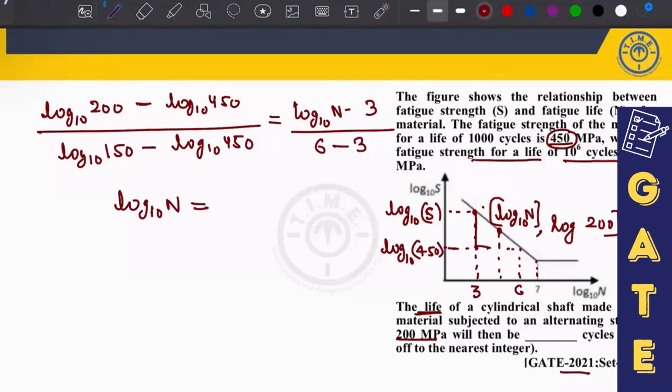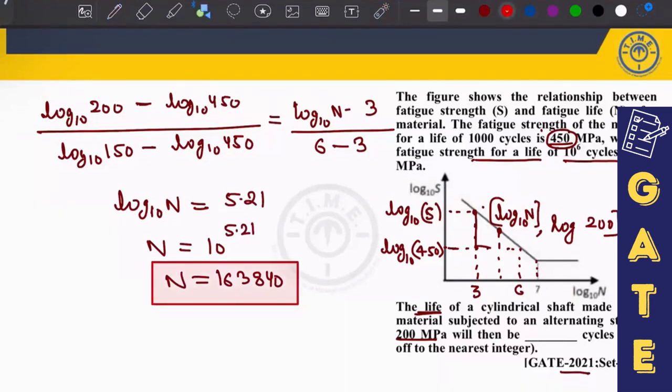Yes, very good, 5.21. Once you take 10 to the power of 5.21, you will get 163840. So what will be the correct answer?